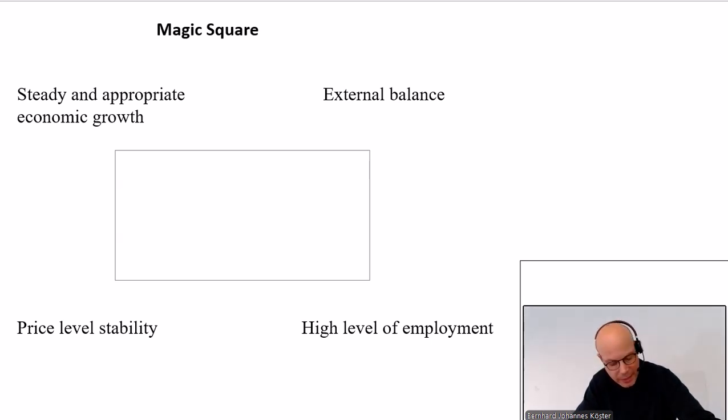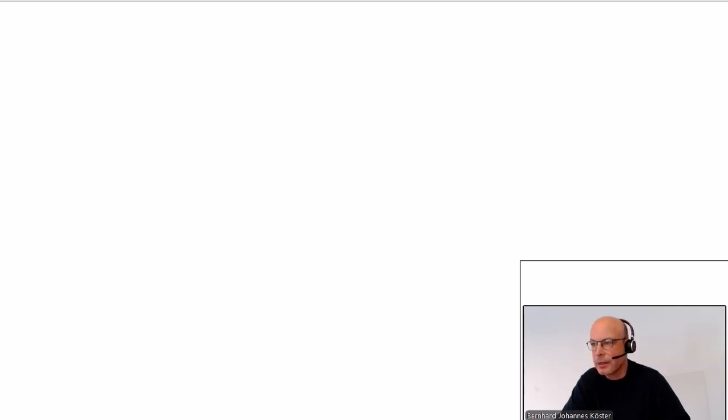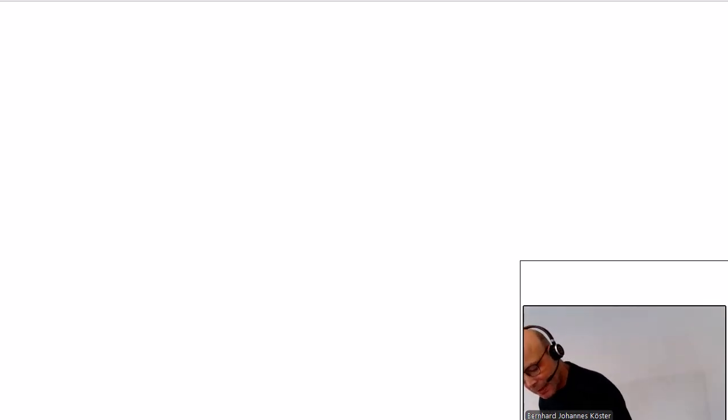One of the main aims is of course steady and appropriate economic growth. And for this we need this number, gross domestic product. In order to recapitulate what we have done the last times, let's talk about this.